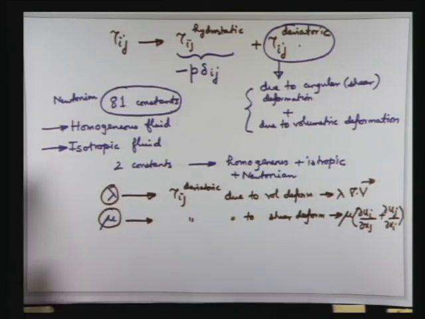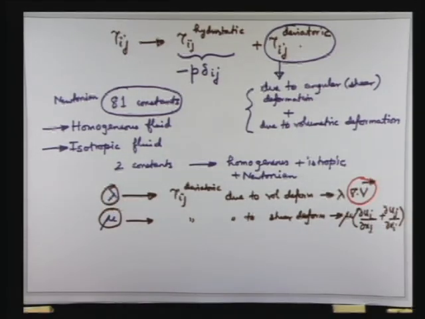Now, when do I not care about lambda? I will not care about lambda when the term associated with lambda is 0. That means the divergence of the velocity vector is 0. So I will not care about lambda when it's incompressible flow.